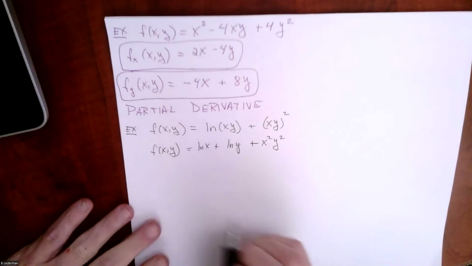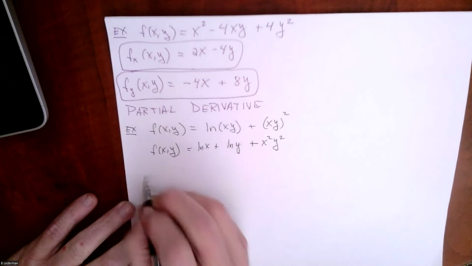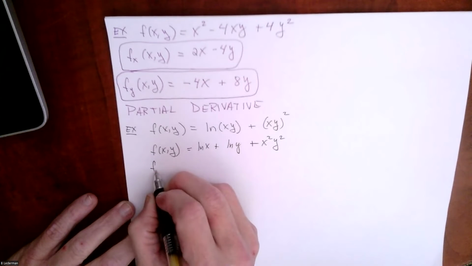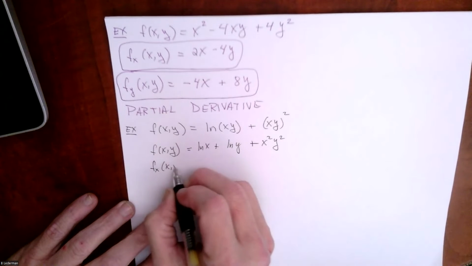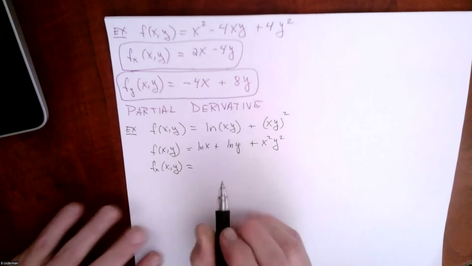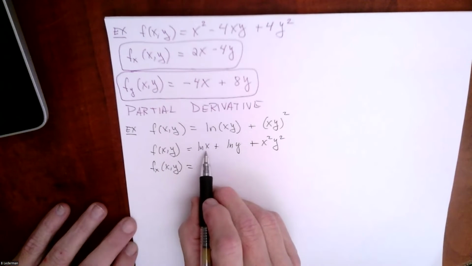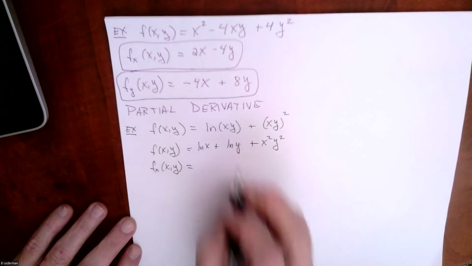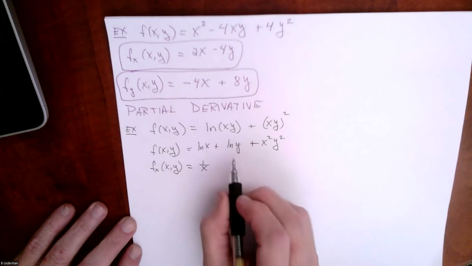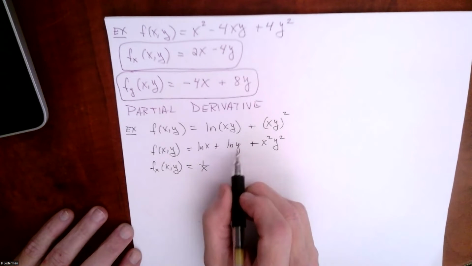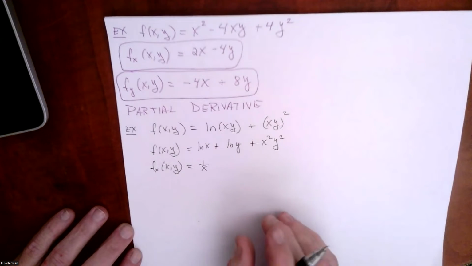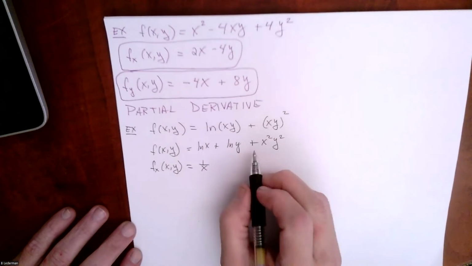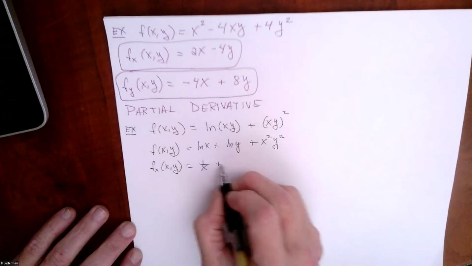So first we're going to take the partial with respect to x, and we write it like this: f sub x of x comma y. Now, ln x is a variable. The derivative of ln x is 1 over x. y is just a constant, and ln of y is another constant, so the derivative just disappears. It just becomes 0. And I'm going to write plus 0.